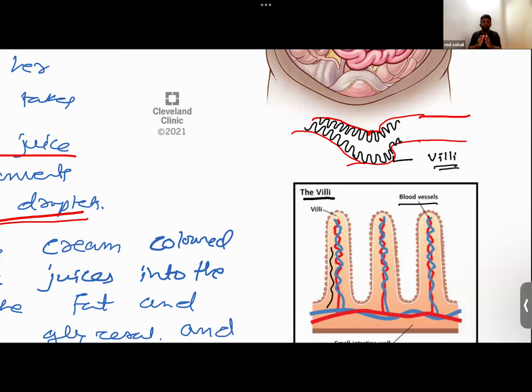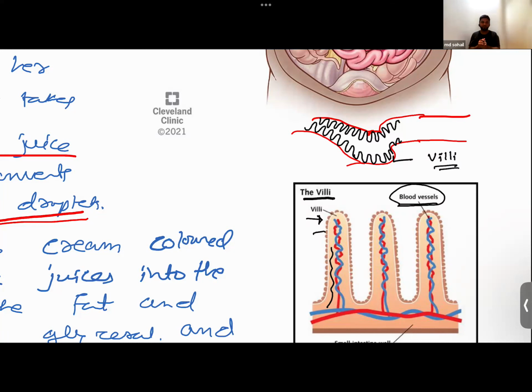Now, the components of the food are absorbed by the villi, by these blood vessels. So the blood vessels absorb the components of the food present inside the wall of the small intestine. Right, guys?